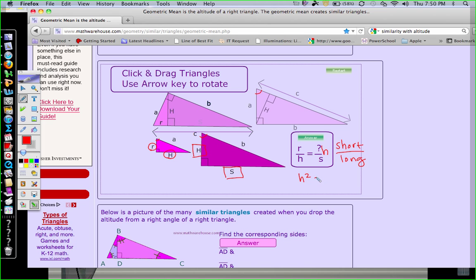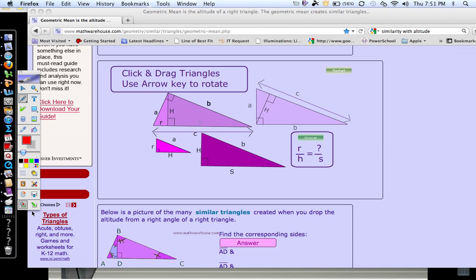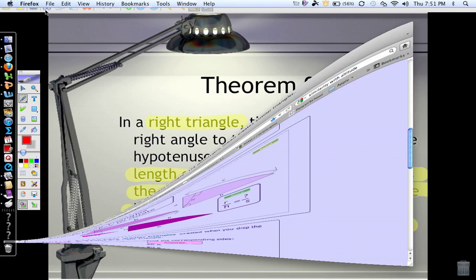So if we go ahead and say H squared equals RS, that means that H is the geometric mean between this R and this S. So that's where I believe our second theorem comes from. Okay, so we'll go back to the slideshow now.